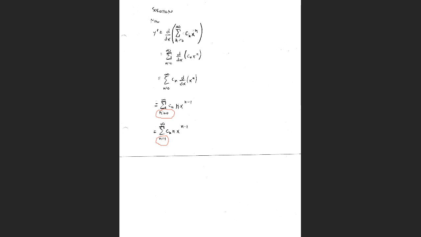If you look at the terms of the series, c sub n times n times x to the n minus 1 power, when n is 0, you're going to have this. Hold on, I'll use my stylus here. If I were to write this out, I'd have c sub 0 times x to the 0 minus 1, and then the next term would be c sub 1 times x to the 1 minus 1, and so forth.